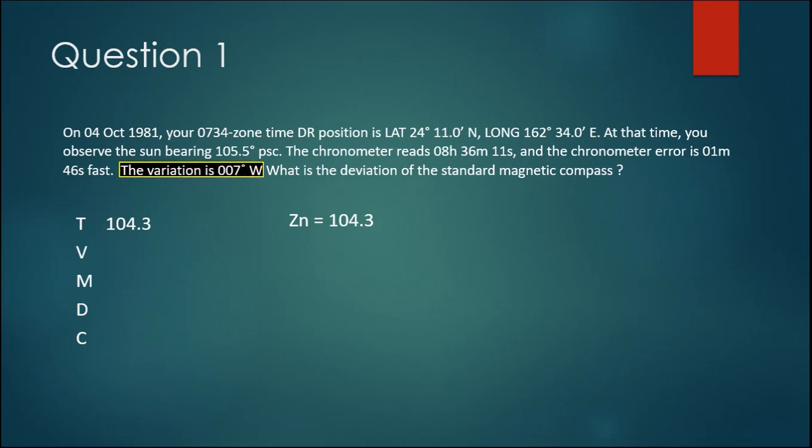We have a variation of 7 degrees west, which gives us a magnetic of 111.3, and the sun is bearing 105.5 per standard compass. That'll give us a deviation of 5.8 degrees east. And that is a complete workdown of an azimuth of the sun problem.